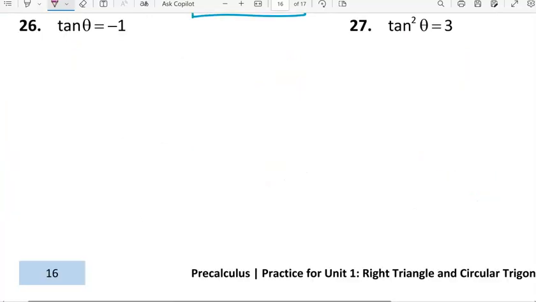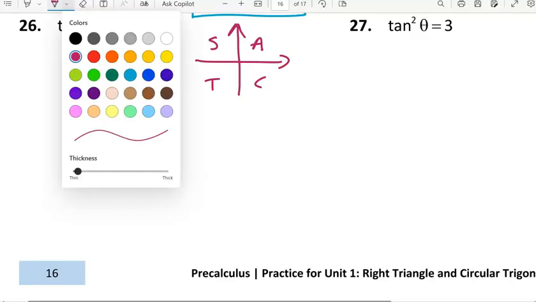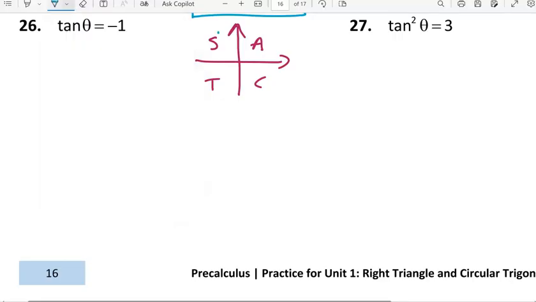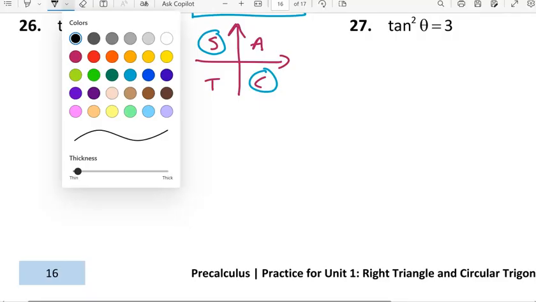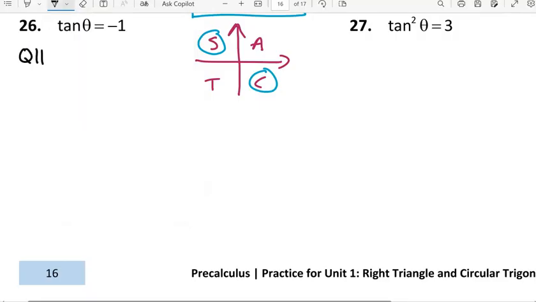In number 26, tangent of theta is equal to -1. ASTC, and we're looking for where tangent is negative. So tangent is negative in quadrants 2 and 4. So let's draw a quadrant 2 picture.